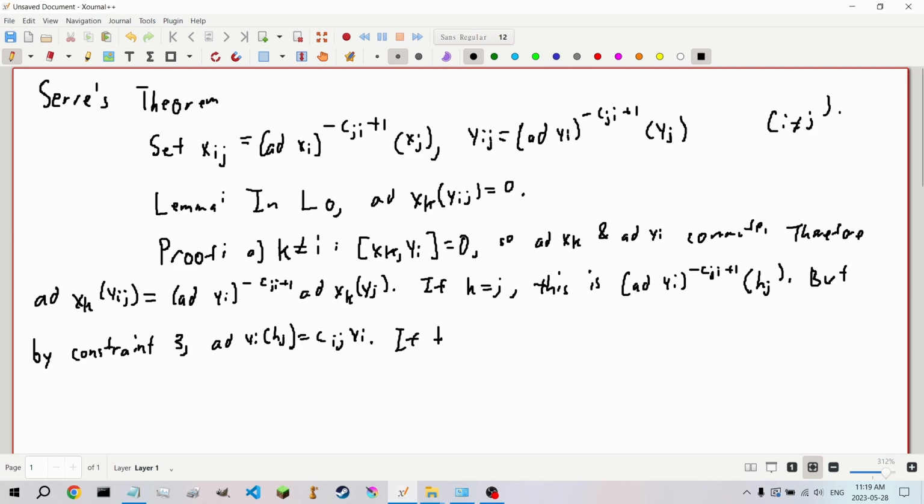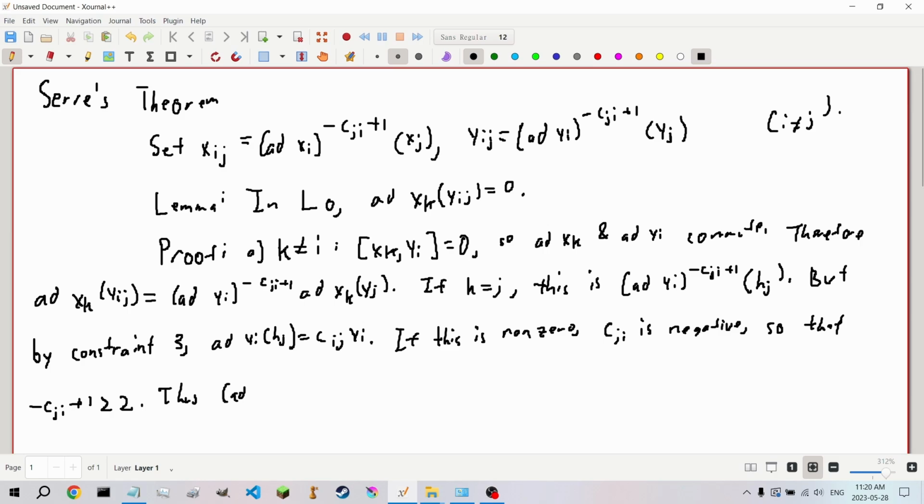If this is non-zero, then cji is negative, so that minus cji plus 1 is at least equal to 2. Thus, the adjoint of yi to the negative cji plus 1 on hj equals 0.